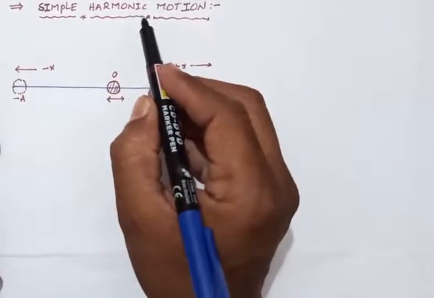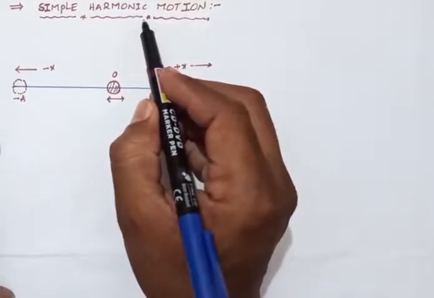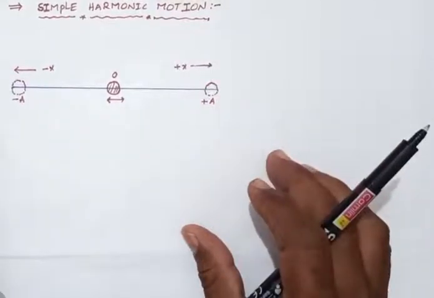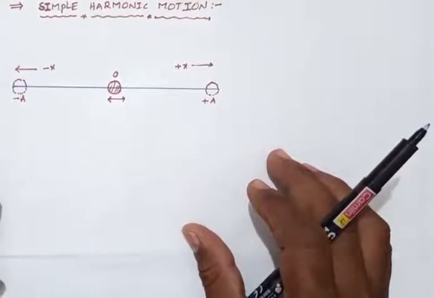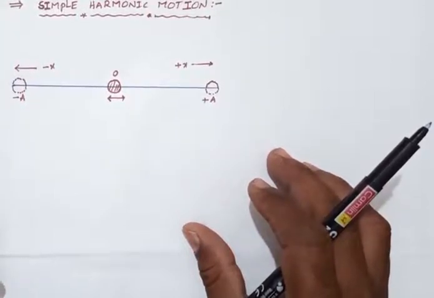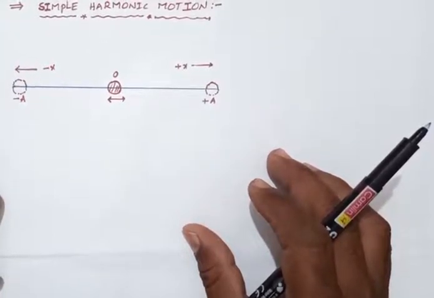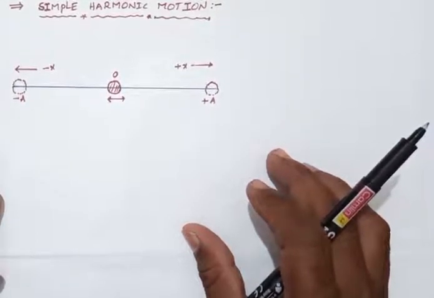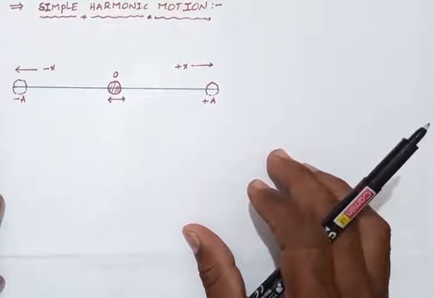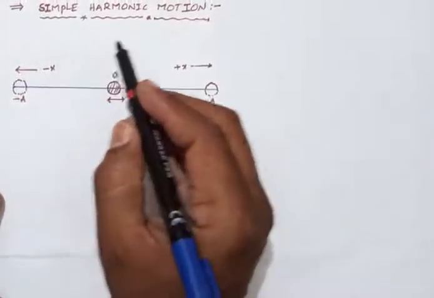Today, simple harmonic motion is nothing but when a particle has periodic, to-and-fro motion at constant time intervals about the mean position. This is called simple harmonic motion.